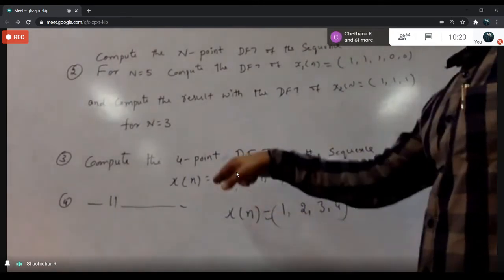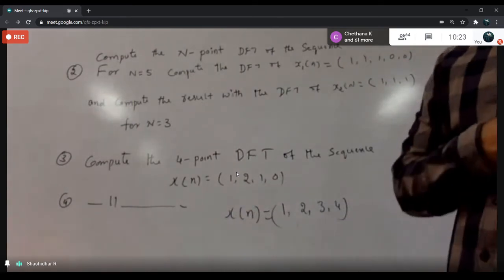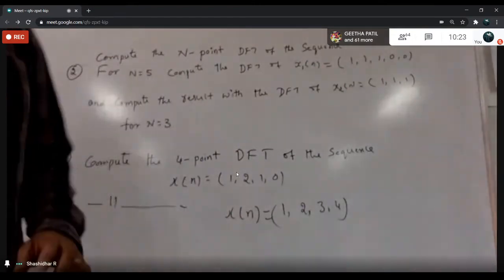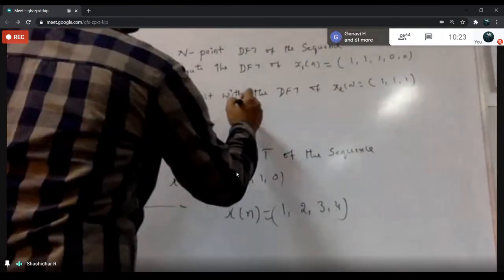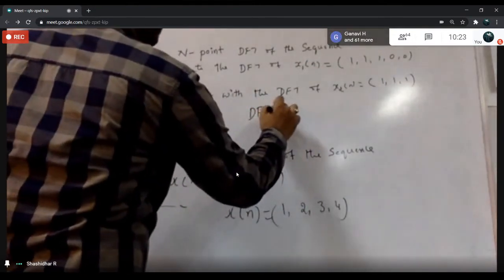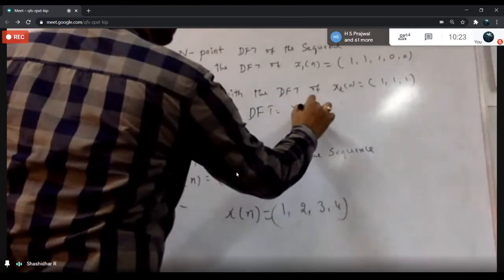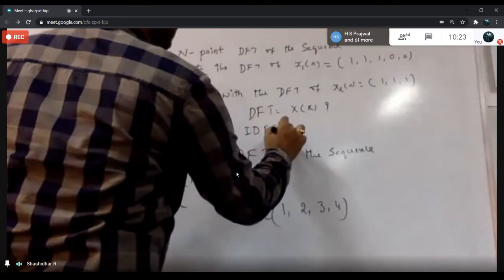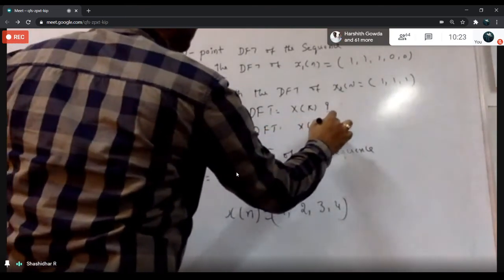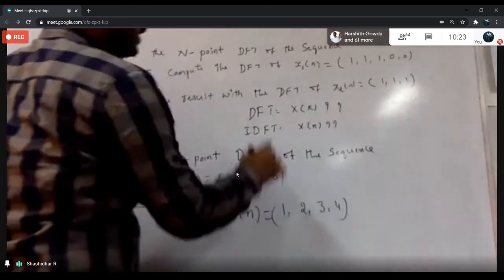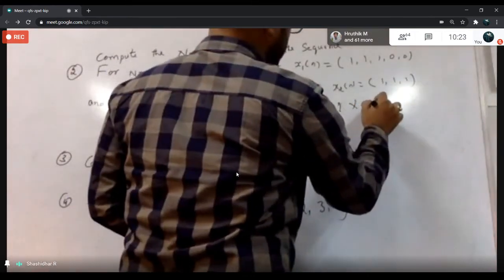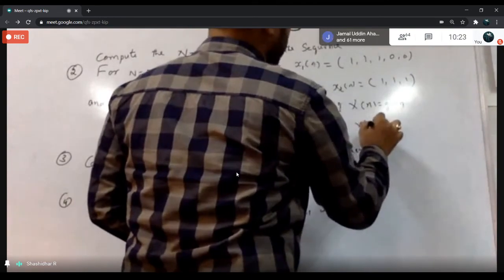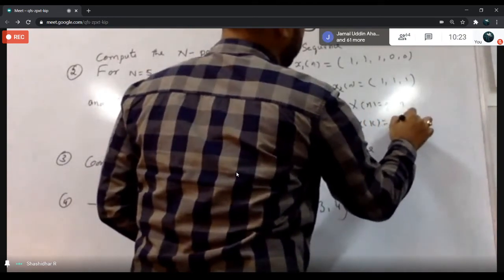Then we find out the x of n value. For DFT, you can find the x of k value. IDFT means we find the x of n value. Here x of n values are given. In IDFT, x of k values are given.